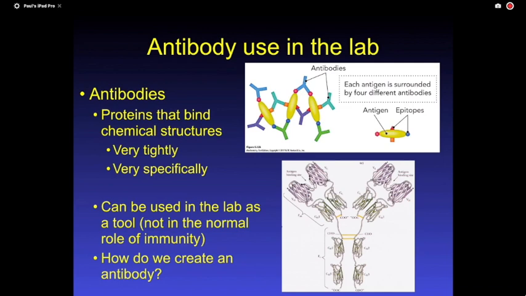An antibody is usually drawn like a Y, because this is what the protein structure actually looks like. It's kind of like this. And the antibody is going to bind, and this is where it binds, where its hands are. These are the places where it binds. Right here there's a binding pocket, and right here is where the specificity is.